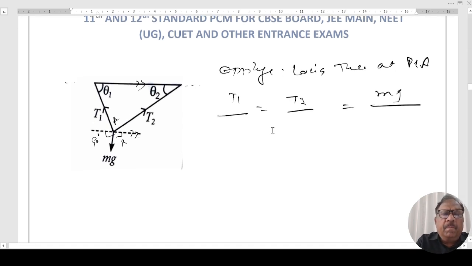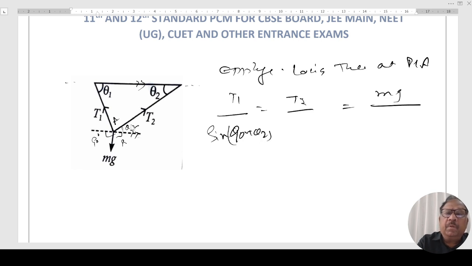Now, the angle opposite to T1: what will this angle be? Theta 1. This angle would be theta 2. Opposite T1 is sin of 90 plus theta 2. This is 90.